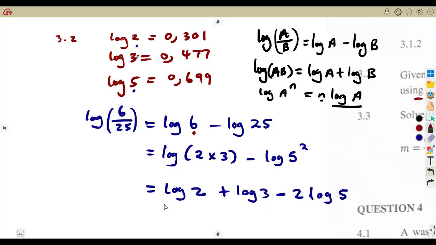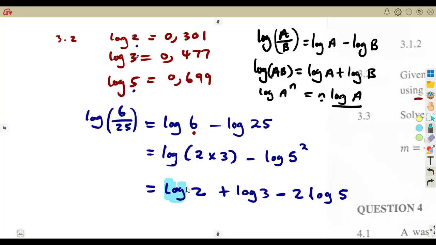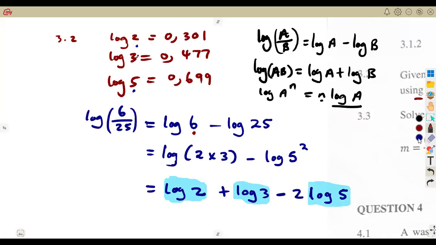We have log 2, log 3, log 5. So these are the separations that you need to make until you see these logarithms separated, each on its own, so that you can properly substitute these logarithms.